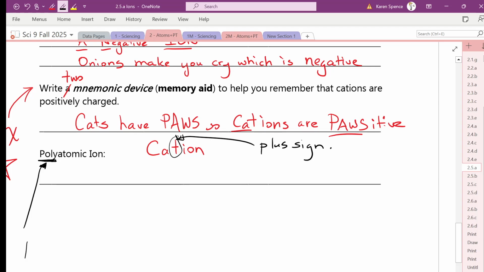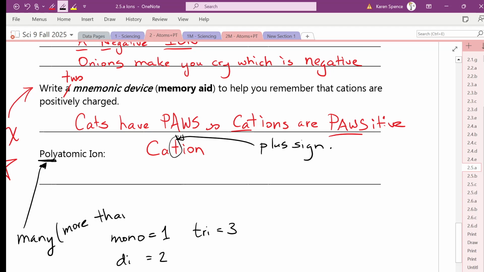Is that a polygon? No. Poly means many, right? Because mono is 1, di is 2, tri is 3, but maybe you don't want to list all of those, right? Maybe you don't want to be like, oh, maybe I have 1 atom, maybe I have 2 atoms, maybe I have 3 atoms. Basically, poly means many, which is more than 1.